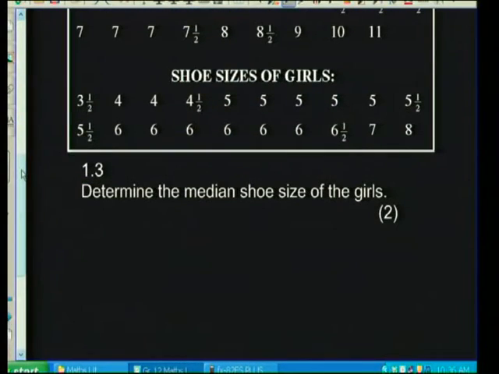So now I need to determine the median shoe size for the girls. I'm going to go back to my information, but now I'm looking at the girls, and I'm going to do the exact same thing. I'm going to be crossing them off, and I know some of you like to use your fingers, but I tend to like to use a pen because it makes it easier to ensure that I don't leave out any numbers. In this case, I end up with 2 numbers.